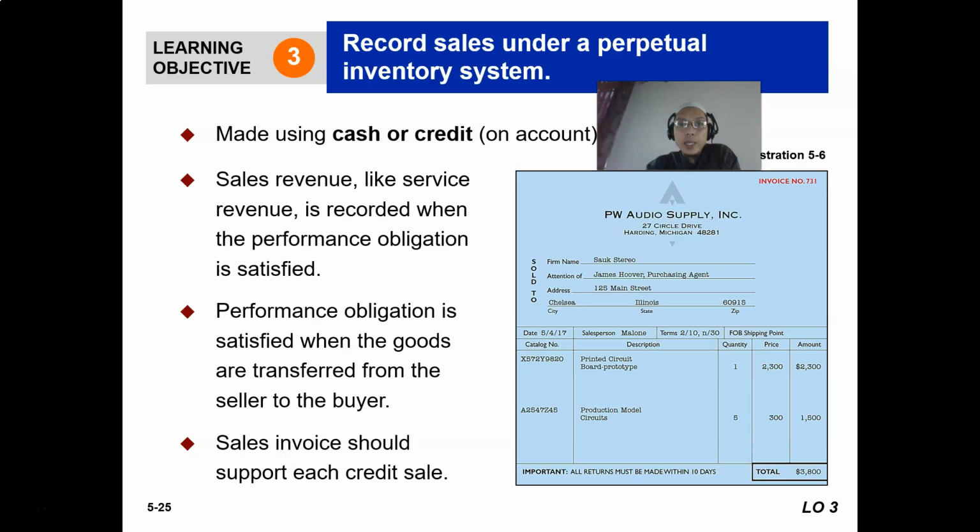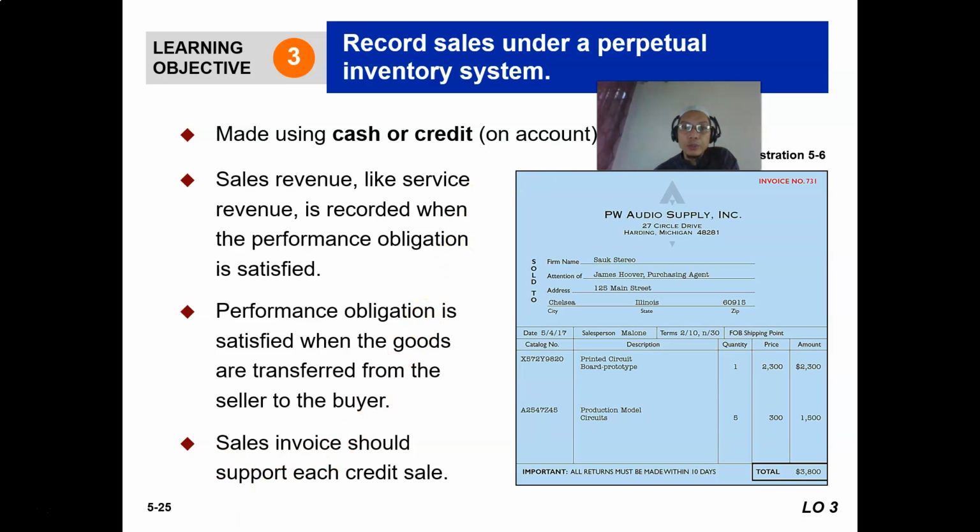So when the seller has actually sent out the items, depending on whether it's FOB destination or FOB shipping point, once that shipping is arranged or done, the performance obligation has been done, and therefore the seller is able to recognize the transaction as a sale, as a revenue.